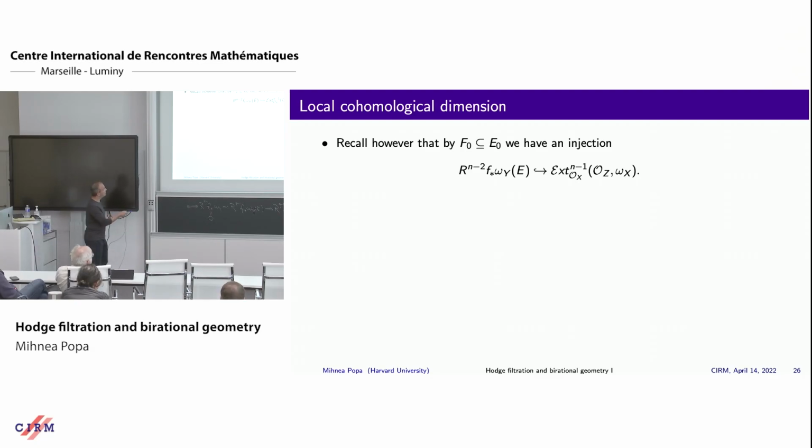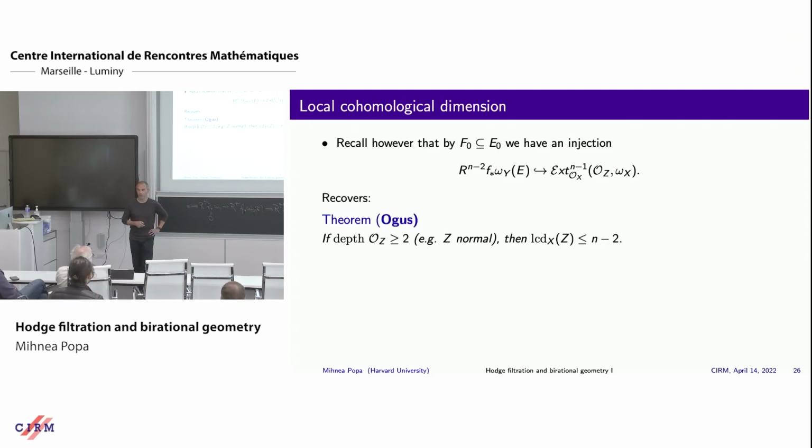And this sheaf here is equal to 0 only if the depth at the points of OZ is at least 2. And therefore, you get another well-known theorem, this time of August, that if the depth of OZ is greater than or equal to 2, in particular if Z is a normal subvariety of X, then the local cohomological dimension is at most n-2.